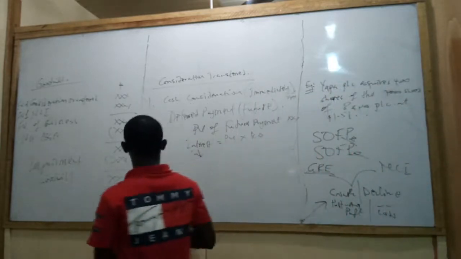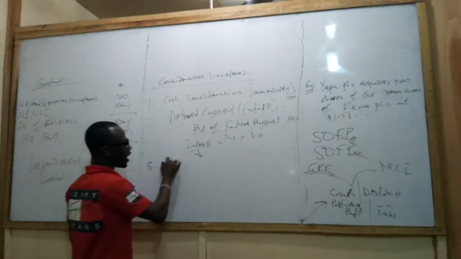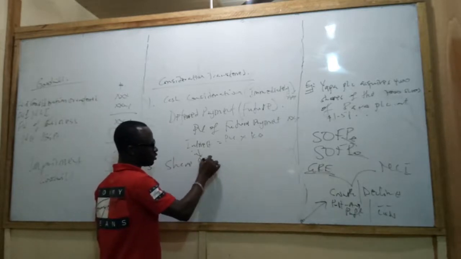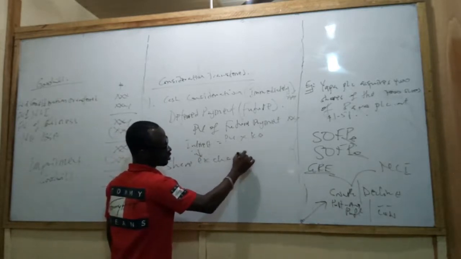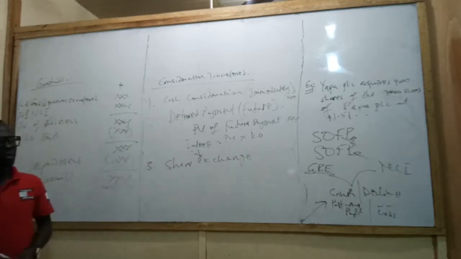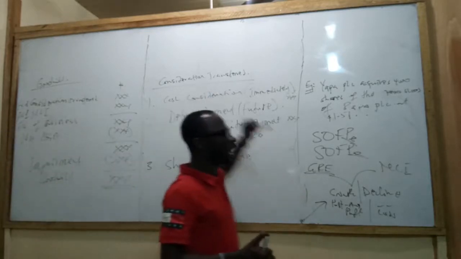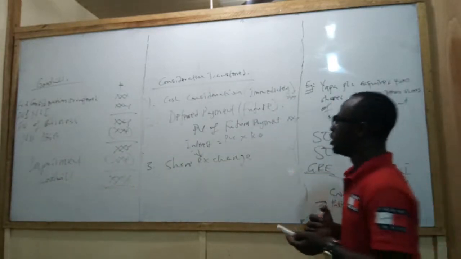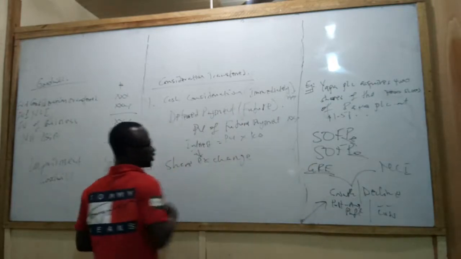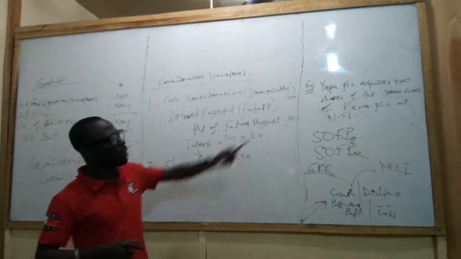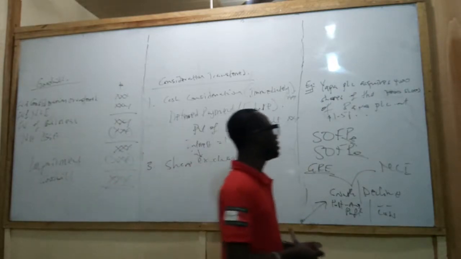Then the third component is share exchange. So sometimes we could make a cash consideration, and then we are also doing a share exchange. So let me build up on my question.